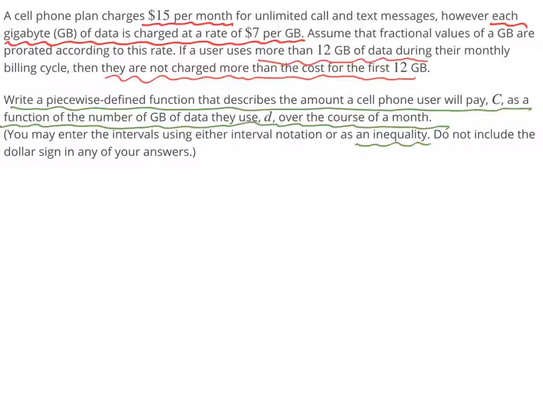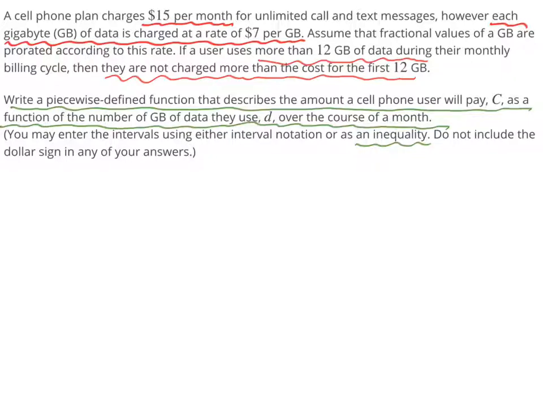All right, so this also looks like we're probably going to have two pieces, right? The first piece is for the people who use less than 12 gigabytes in a month. And then the second piece is everybody else, the people who go over 12 gigabytes. What is their bill going to look like?